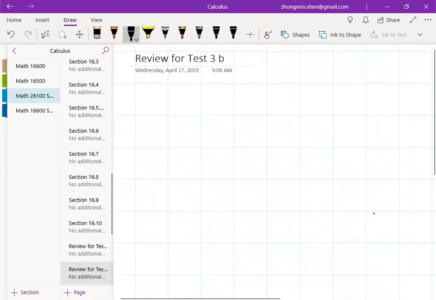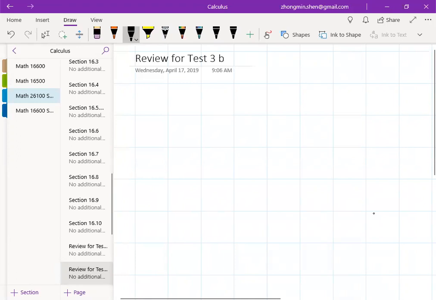For line integrals, if it's a closed curve on the plane, then maybe you should consider using Green's theorem to change the line integral to a double integral.